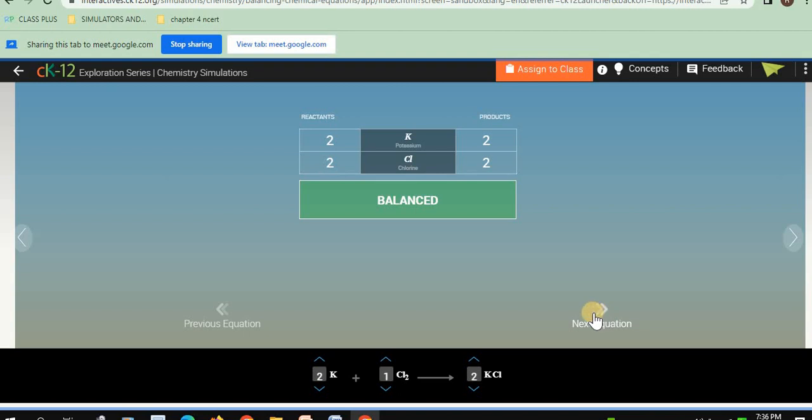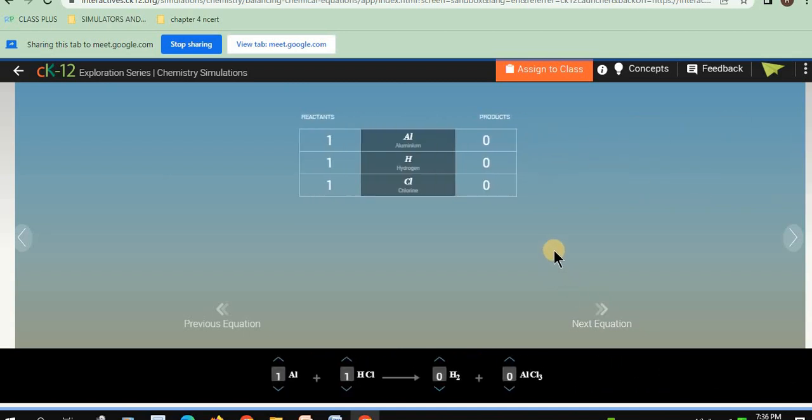Right. Good. Now, aluminium. I will make 1, 1, 1, 1 now. Aluminium left hand side 1, right hand side 1. Chlorine right hand side 3, will make it 3. Still it is not balanced. What to do? 3 hydrogen, we can make 3. Still not balanced.